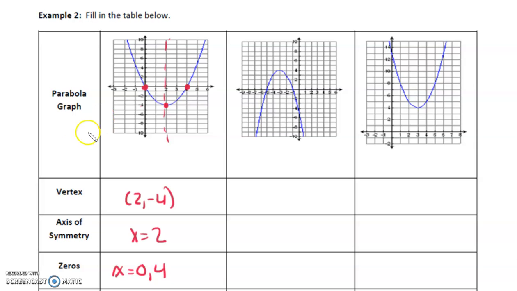Okay, next one. Let's do green. The vertex here is located at (-3, 4). The axis of symmetry is -3. The zeros are -5 and -1.